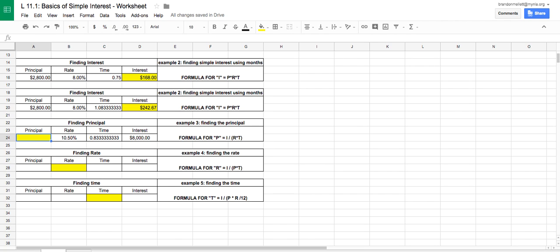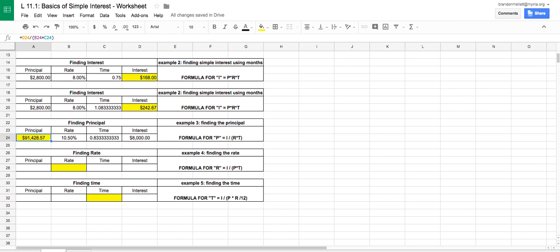Now, to do this formula, there's a little more to it than what we've already been doing. So we're going to go equals, and we're going to follow our formula here, I, which is the interest, divided by, and then we have to use parentheses, and then we're going to go rate times time. And when we hit enter, we get 9,428.57.